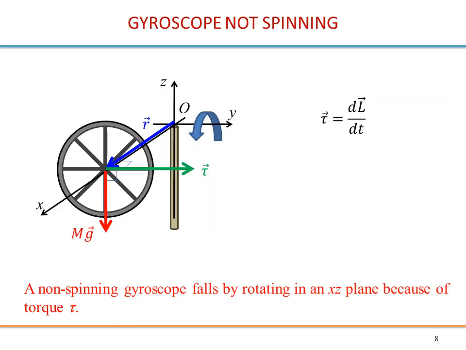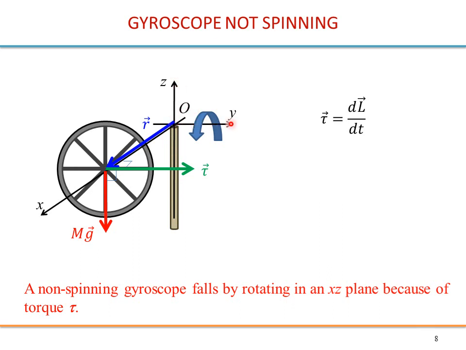Okay, so let's now look at one example. It is a gyroscope. A gyroscope is a wheel, in fact. So this is a wheel. For now it's not rotating, and this wheel has a shaft here, and it is put on a stand here. So we define some axes.